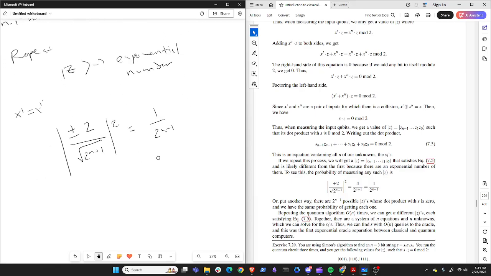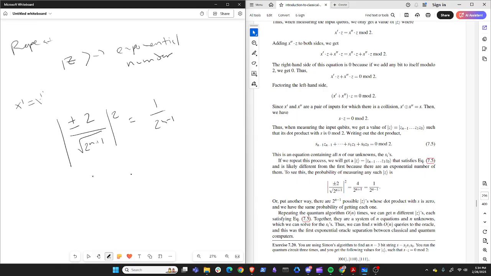So the probability of getting a z that satisfies the equation with a measurement is 1 over 2 to the n minus 1. Essentially there are 2 to the n minus 1 possible states z that we get when we measure that have a dot product with s of 0.